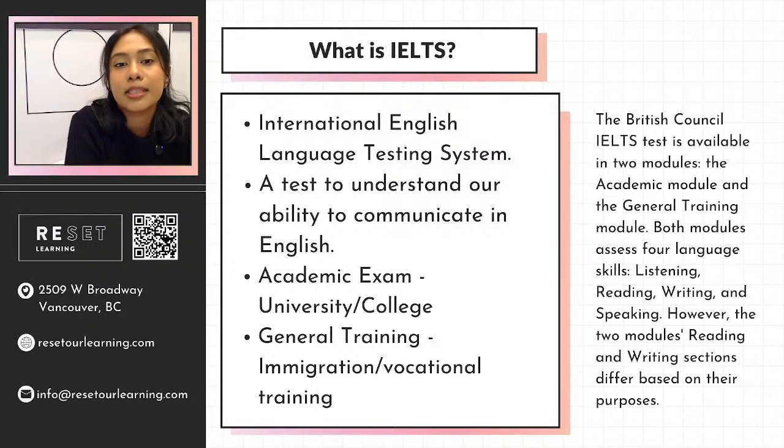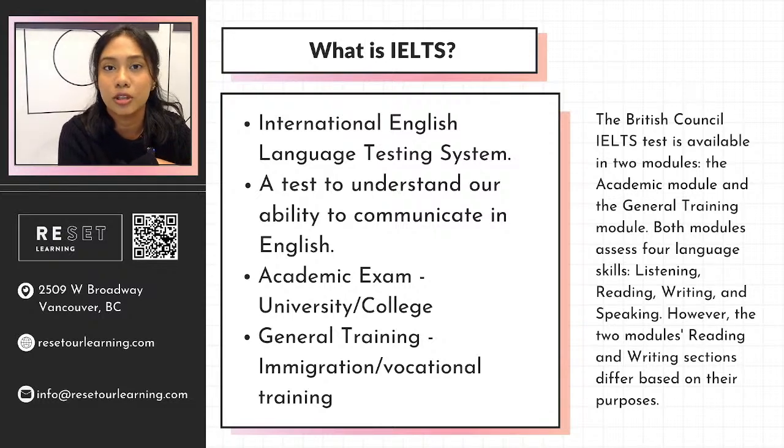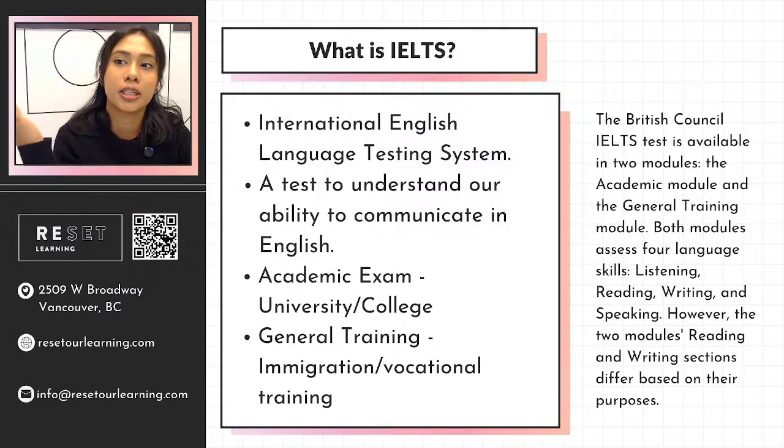The IELTS exam has two modules. One of them is the academic exam, and the other is the general training exam. The academic one is usually used for university or college applications, but also job applications.